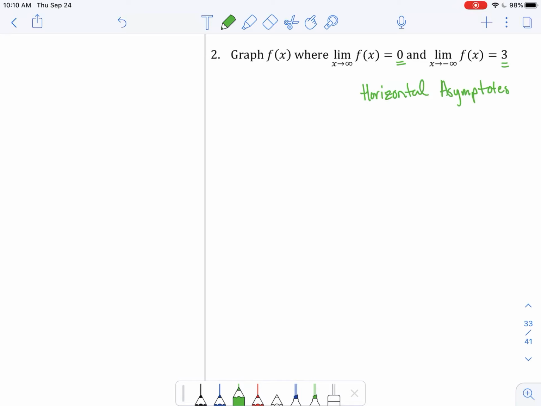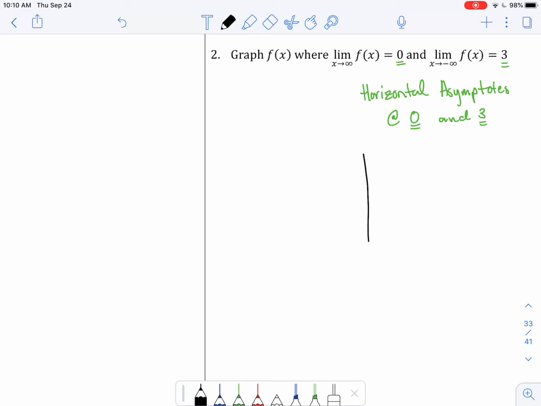And I say plural because these are two different numbers. If they were both 0 or both 3, I would define that as one horizontal asymptote. So we'll have two, one at 0 and one at 3, which are the numbers that we see here.